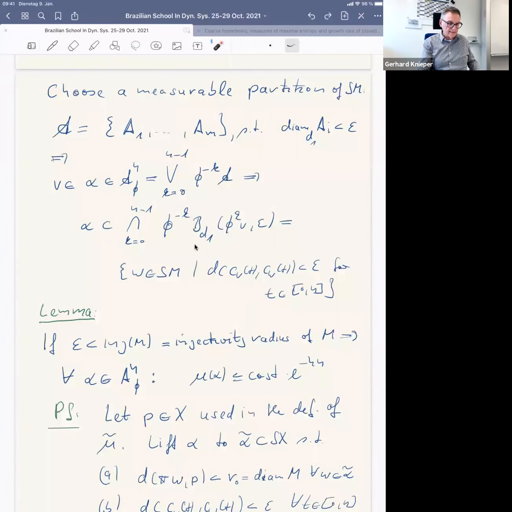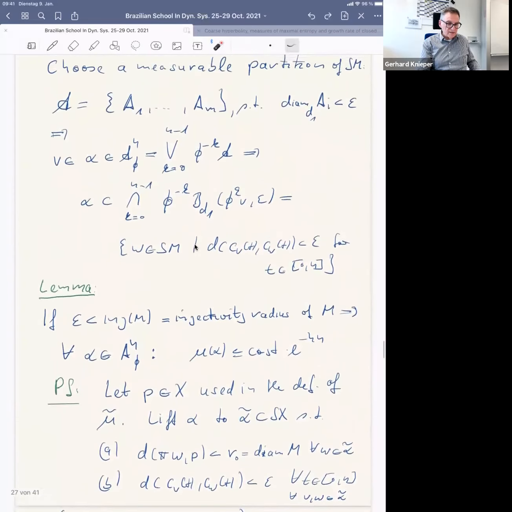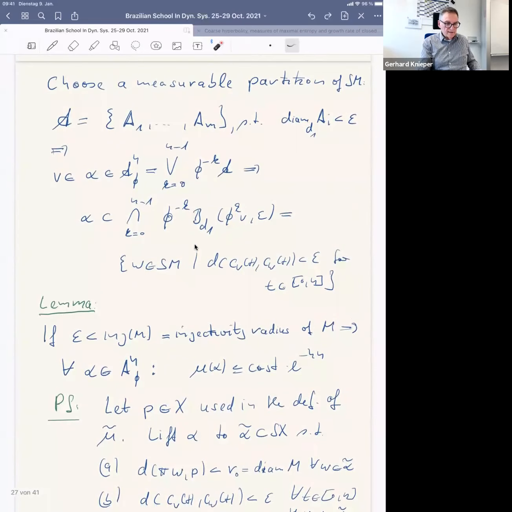So that's the partition, and then we want to compute the entropy of this partition. Since our measure is only clearly understandable on the universal cover, you have to compute the entropy of this measure using the universal covering.